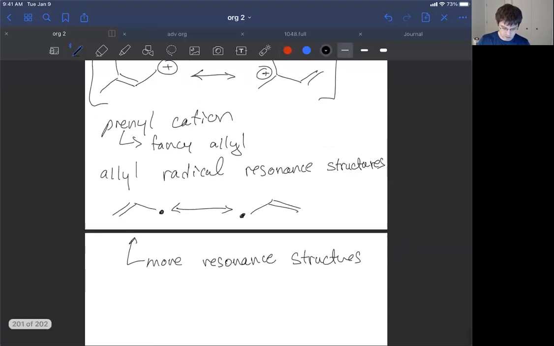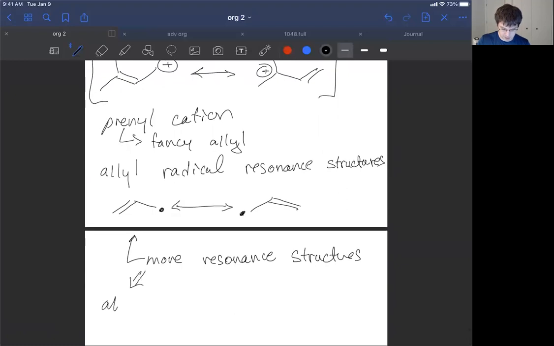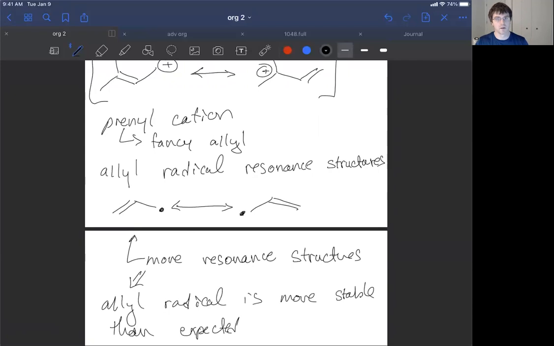What does that say? If we have more resonance structures, the allyl radical is more stable than expected. Okay. I think that's what I need to say.